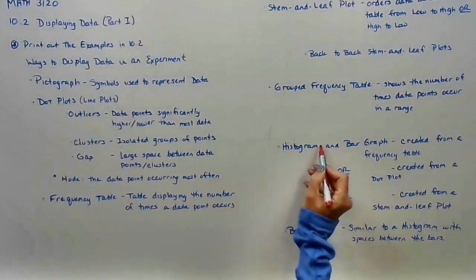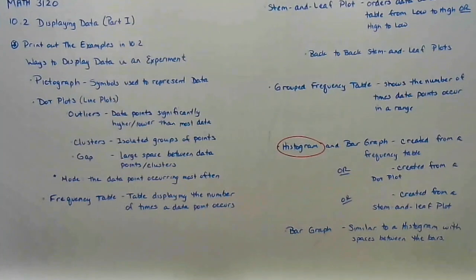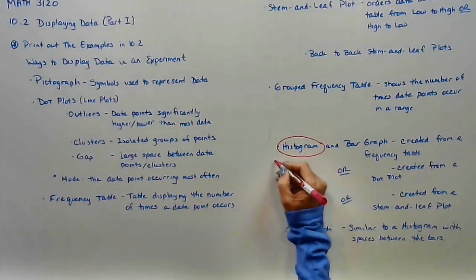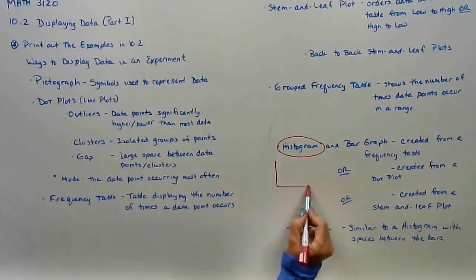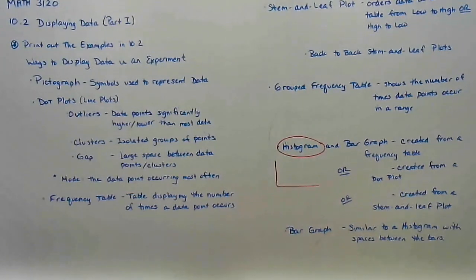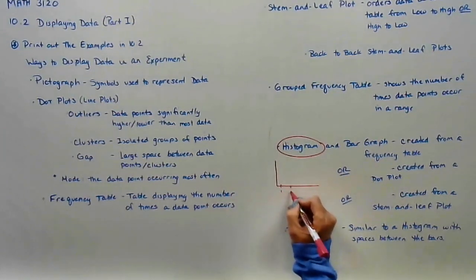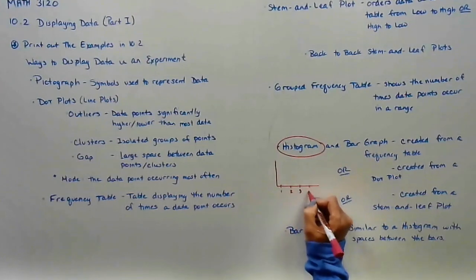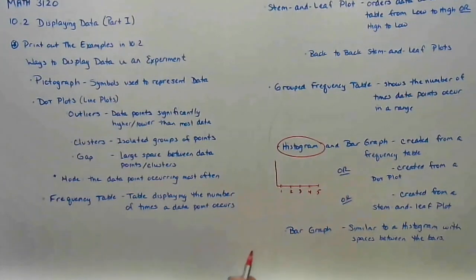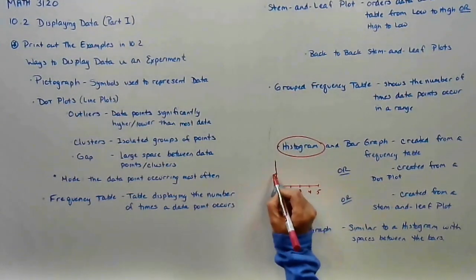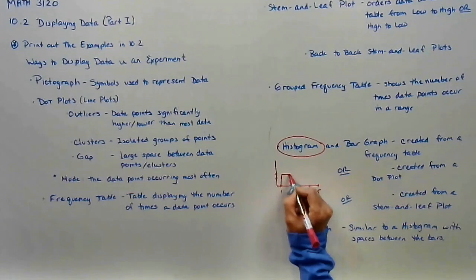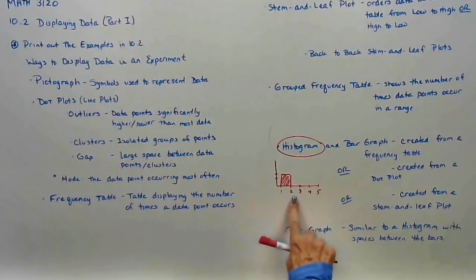A histogram might look like this. You might have your axes, where you've labeled your axes, and I'm just going to give you a picture. And you say, okay, maybe this is going from 1 to 2 to 3 to 4 to 5. And a histogram might say, all right, I have 2 items that are going from 1 to 2. So you've covered that, and you've said it covers this range.